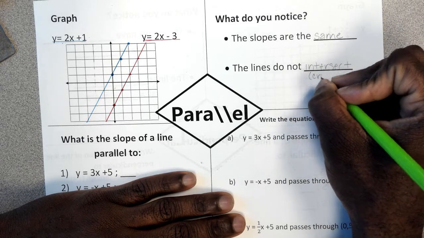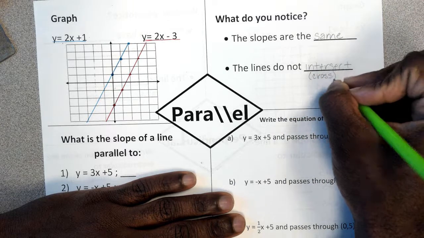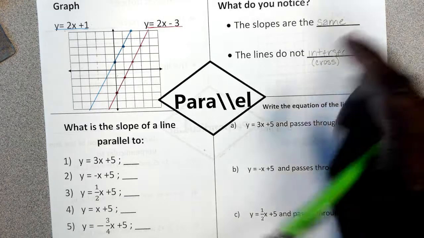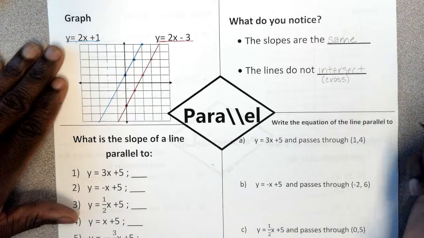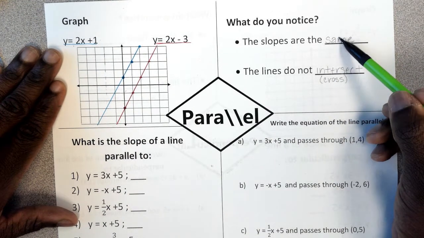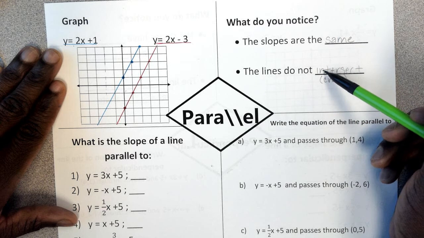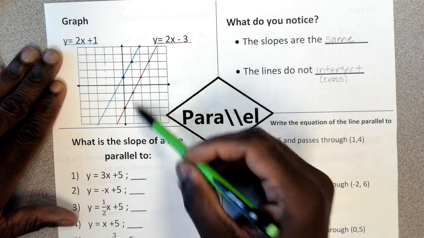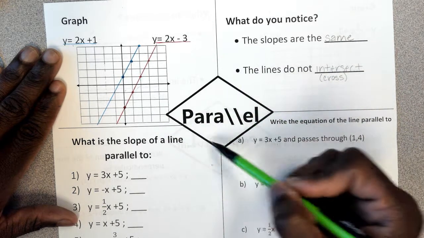It's the same as cross, kind of like an intersection. The lines don't cross. Because the slopes are the same, the lines never intersect. That makes these two lines parallel.